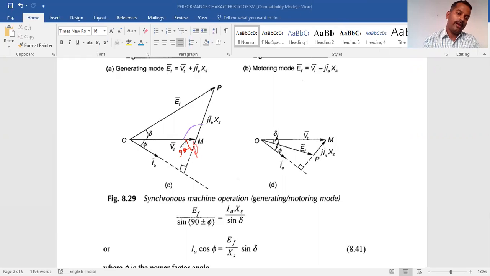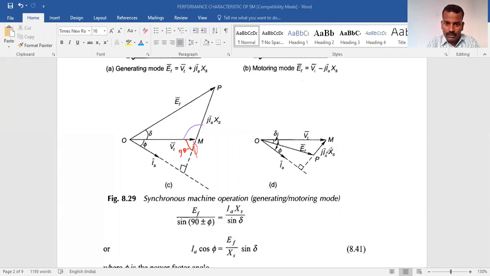Right, and hence this angle will be 180 minus 90 minus phi, and it will be equal to simply 90 plus phi.